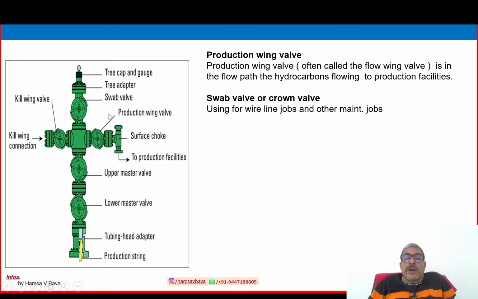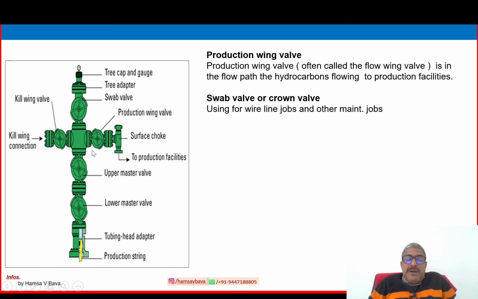Swab valve or crown valve. This is the swab valve, mainly used for wireline jobs. Wireline job means any other maintenance job. So when the well is in production mode, the swab valve will be in closed position and the production wing valve will be in open position, and the kill wing valve, if it is available, in closed position.